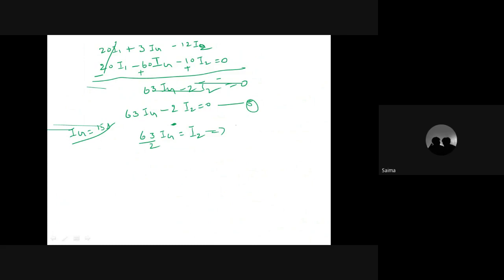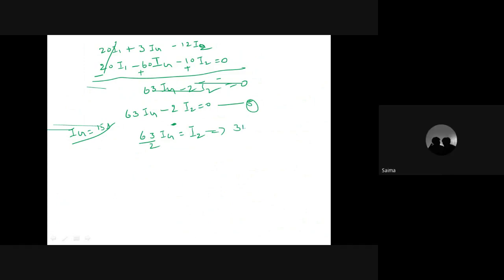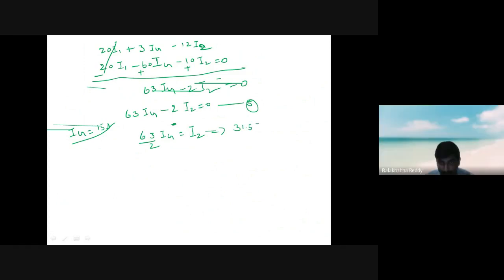So I think no, 31.5. Yeah, 31.5. This is the I2 value. Now what I'm doing, this I2 value we have to substitute in any one equation.